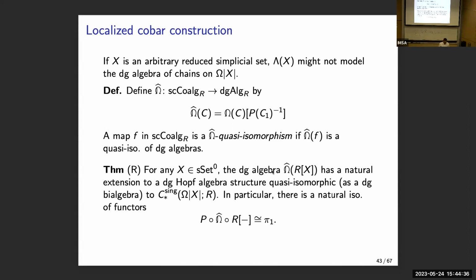Yes, so you can localize that category, right? You can take these equivalences. So what's the right category if you do that? If you take spaces and you take these equivalences that you produce from this, what is the derived category of this?